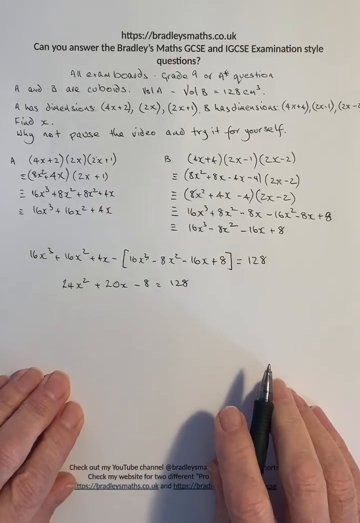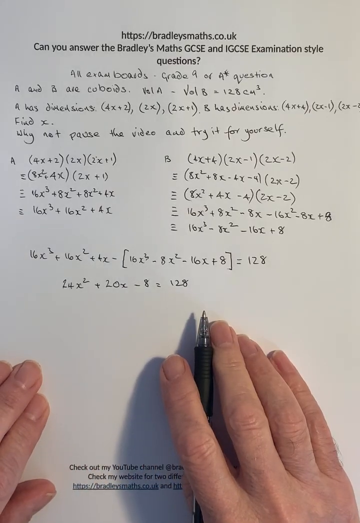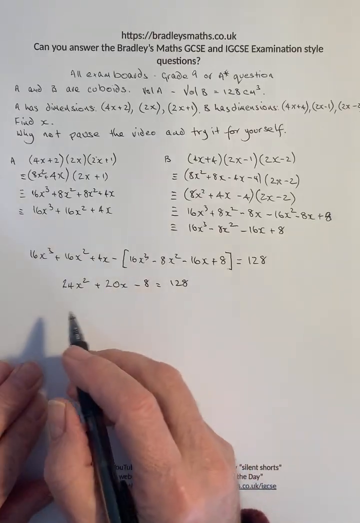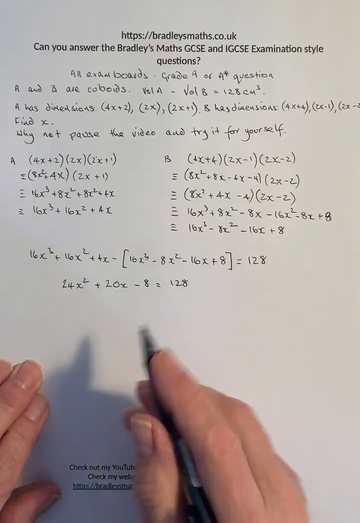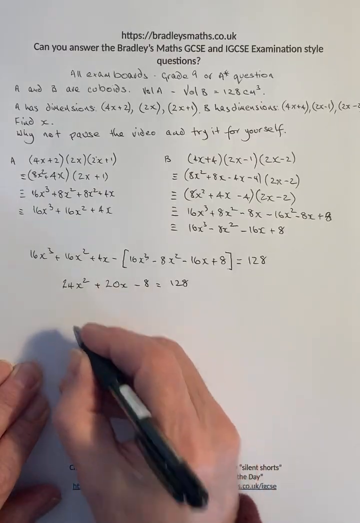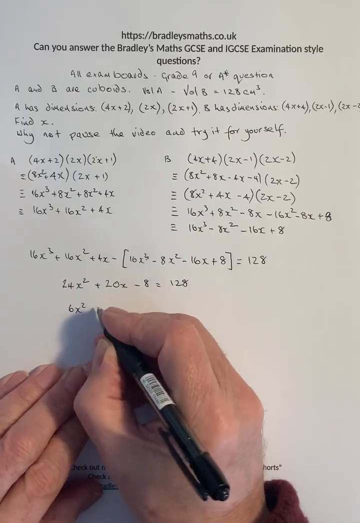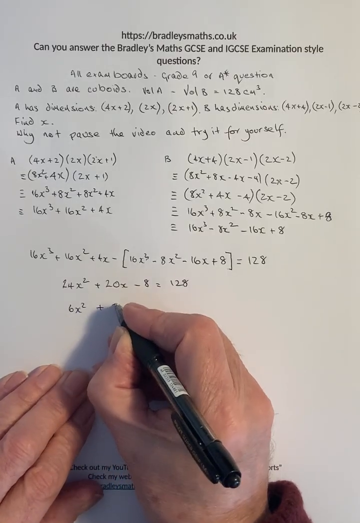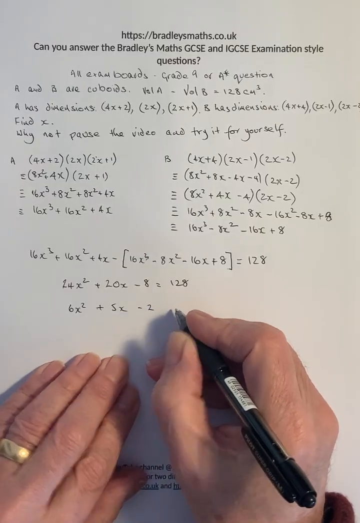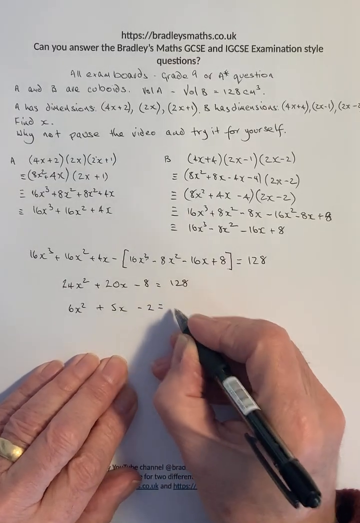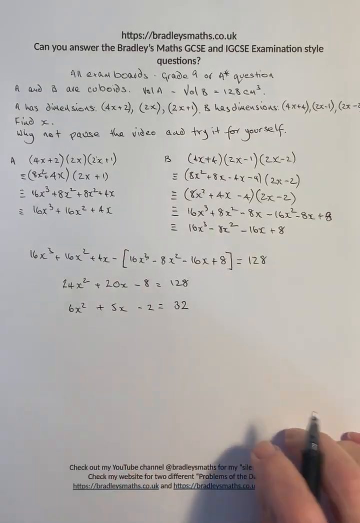I can see straight away that everything in this equation is divisible by 4. So we're going to factor that out, and we're going to divide both sides by 4. So the 4 just goes. 4 into 24 is 6x squared. 4 into 20 is 5x. 4 into 8 is 2. And that's going to equal 4 into 128, which is 32.